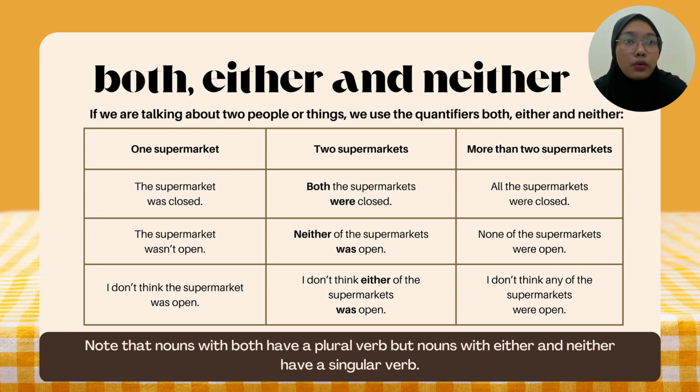And then, if there are more than two supermarkets, we can use all or none. For example, all the supermarkets were closed, or none of the supermarkets were open. Note that nouns with both have a plural verb, but nouns with either and neither have a singular verb.